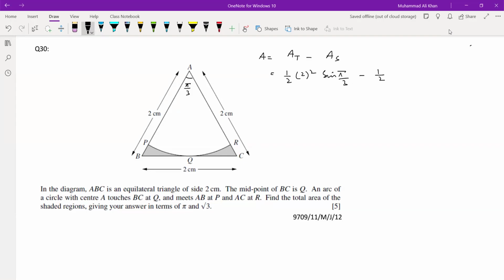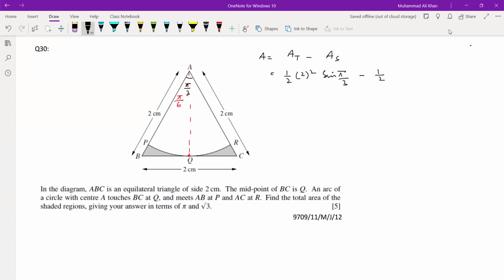How to calculate r? There are different methods to calculate r. It's an equilateral triangle. So if I drop a perpendicular here at Q, AQ is the height of the triangle, and also it is the radius for the sector. अगर हमें AQ calculate करना हो, we have this angle pi by 6, आधा हो गया ना pi by 3 का.